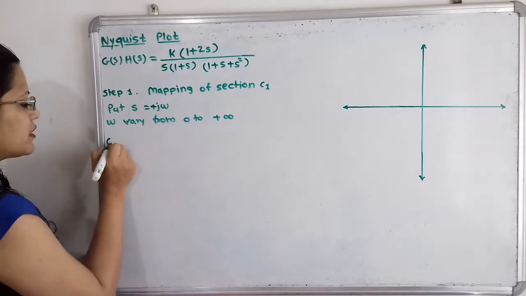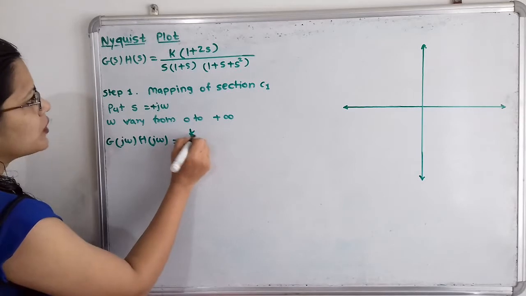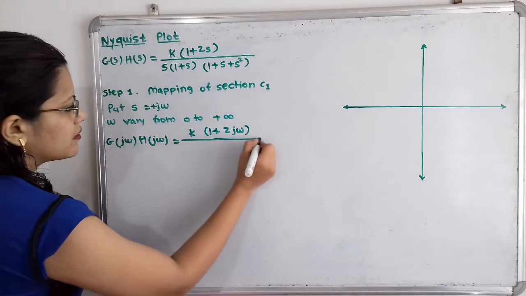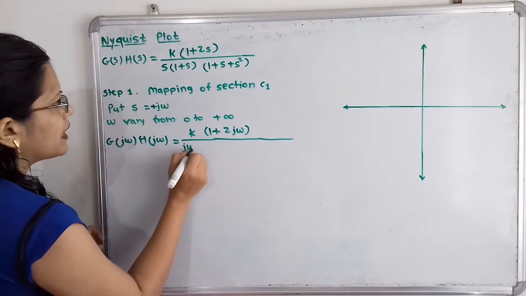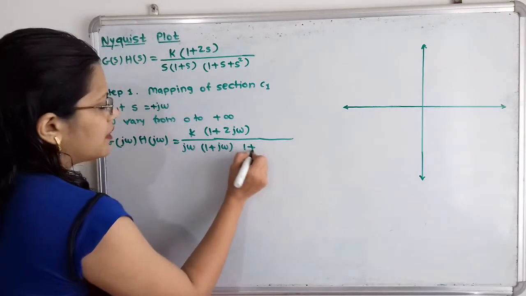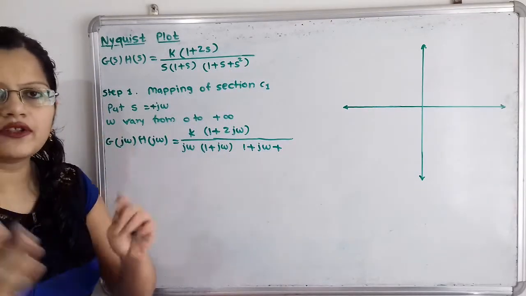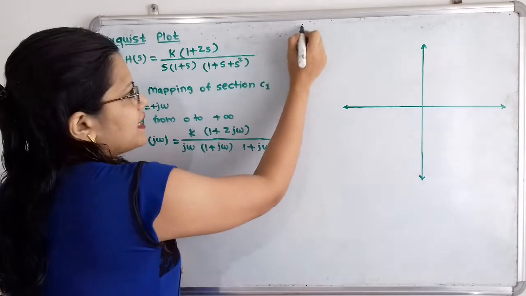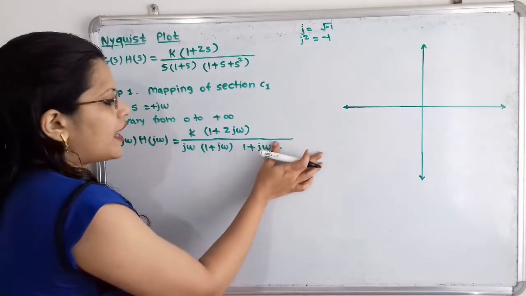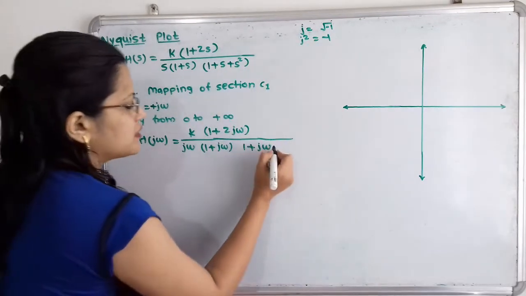Now if I put here G(j omega) H(j omega), which is equal to K (1 plus 2j omega) divided by j omega (1 plus j omega) plus, now a square, that means j square omega square, but we know that j is equal to the square root of minus 1 and therefore j square is equal to minus 1. So instead of j square I will write minus omega square.